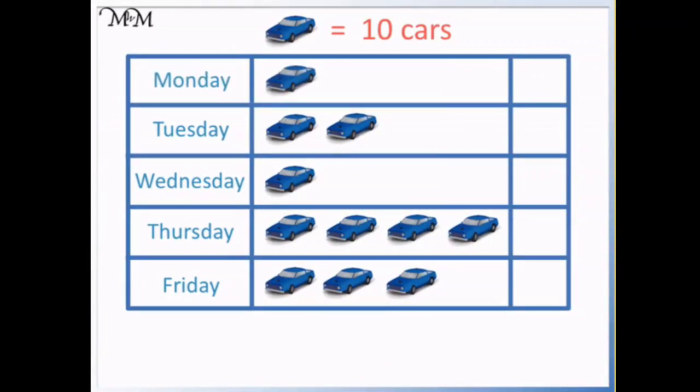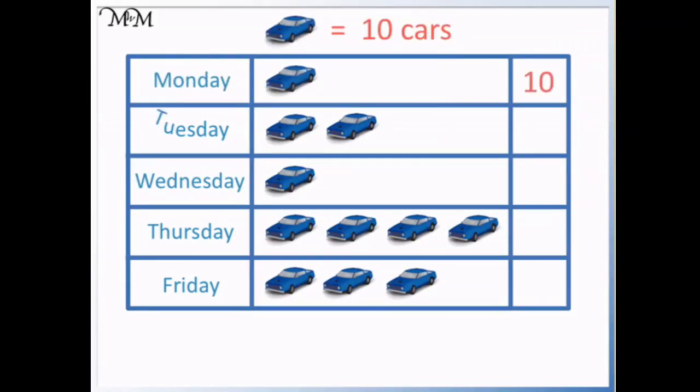Here you can see that 1 car equals 10 cars. So on Monday, how many cars were sold? 10 cars, because the picture of 1 car is given. On Tuesday, 2 cars are given, so 10 into 2 equals 20. On Wednesday, the picture of 1 car is given, so you can say that 10 cars are sold.